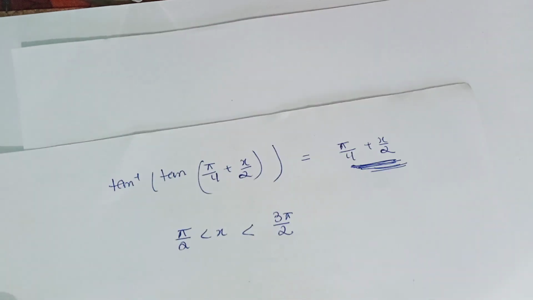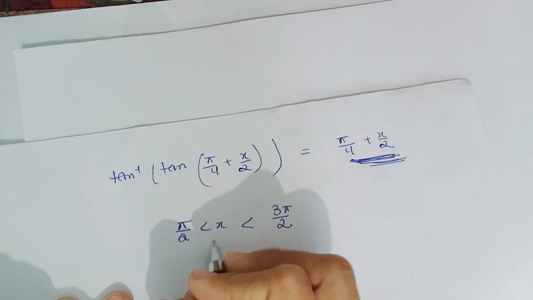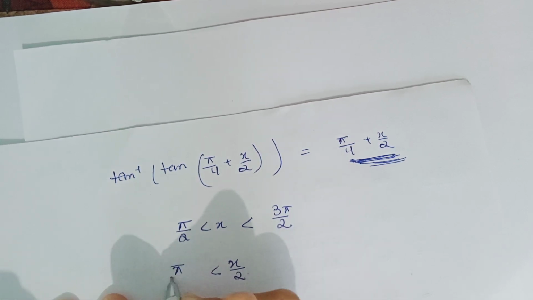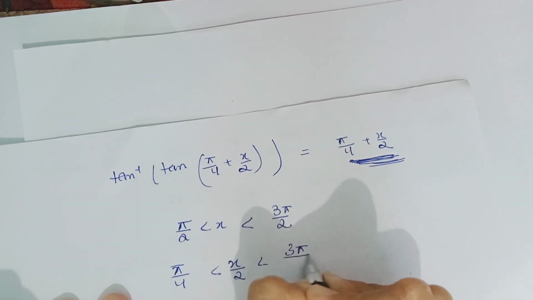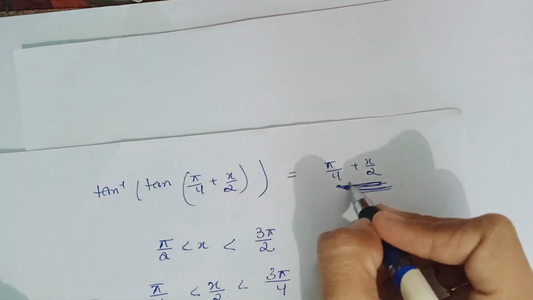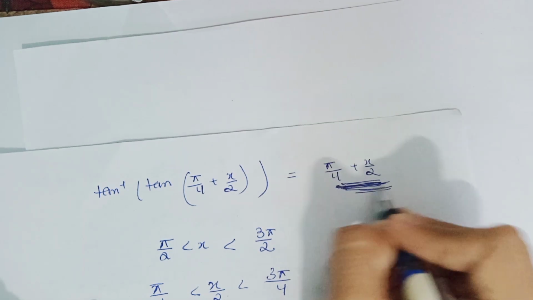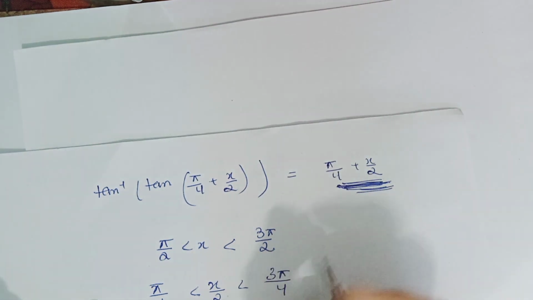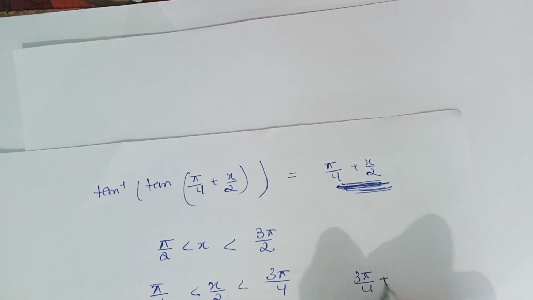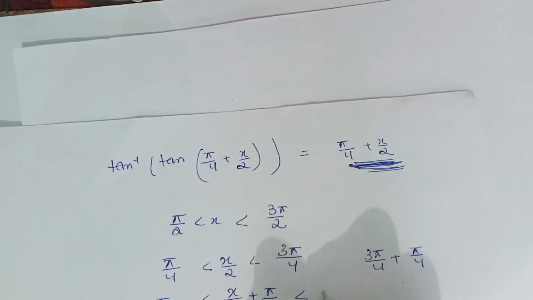We will divide both sides by 2, so it will become x by 2, this will become pi by 4, and this will become 3 pi by 4. Now we will add pi by 4 both sides to check if this output is in the given range or not. So it will become x by 2 plus pi by 4, and this will become pi by 4 plus pi by 4, so it will become pi by 2, and it will become 3 pi by 4 plus pi by 4, so it will become pi.